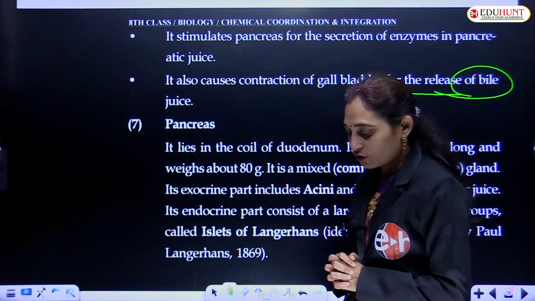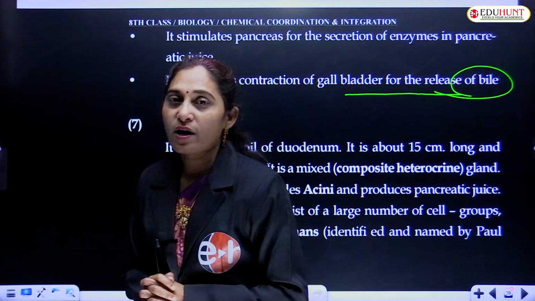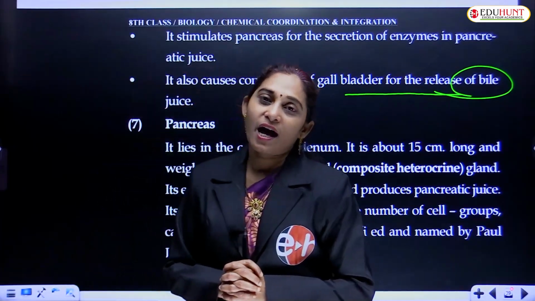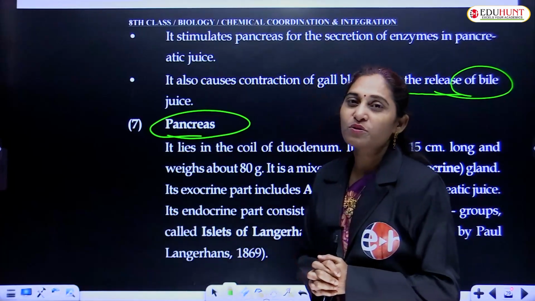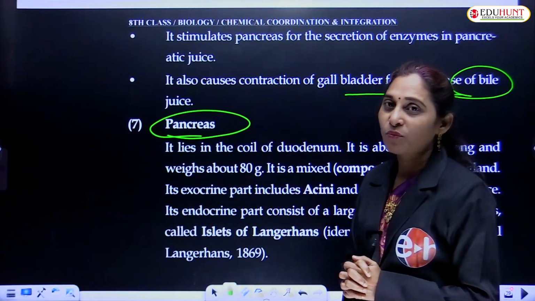The next structure responsible for the production of enzymes and hormones is the pancreas. It produces both enzymes and hormones.